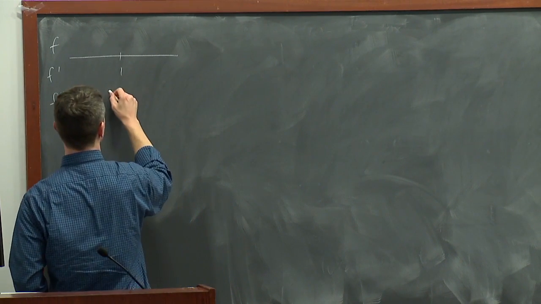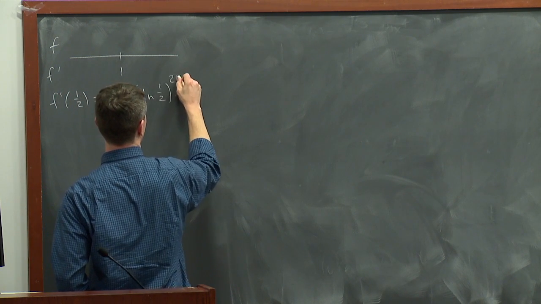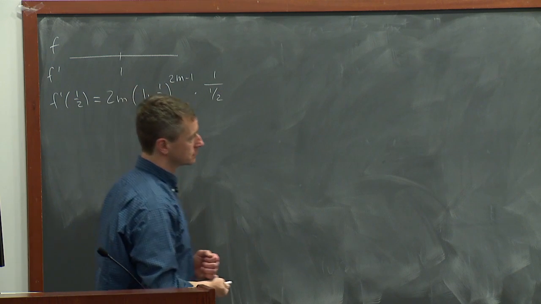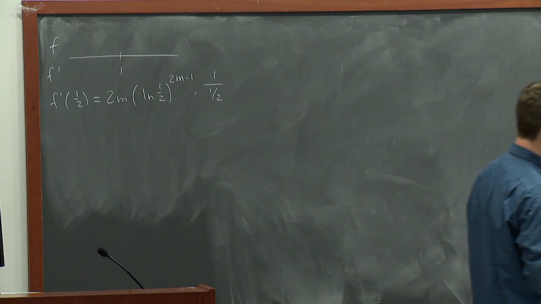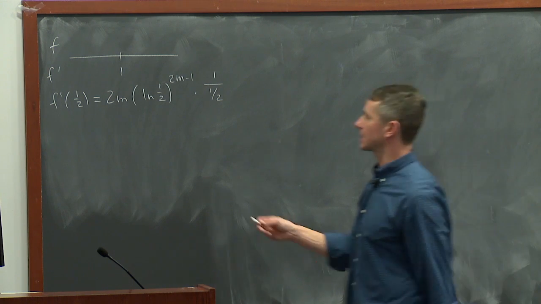So it's going to be what? 2m ln of 1/2 to the 2m minus 1 times 1 over 1/2. Right? That's our derivative. And all we care about is whether this is what or what? Positive or negative. ln of 1/2 is what kind of number?